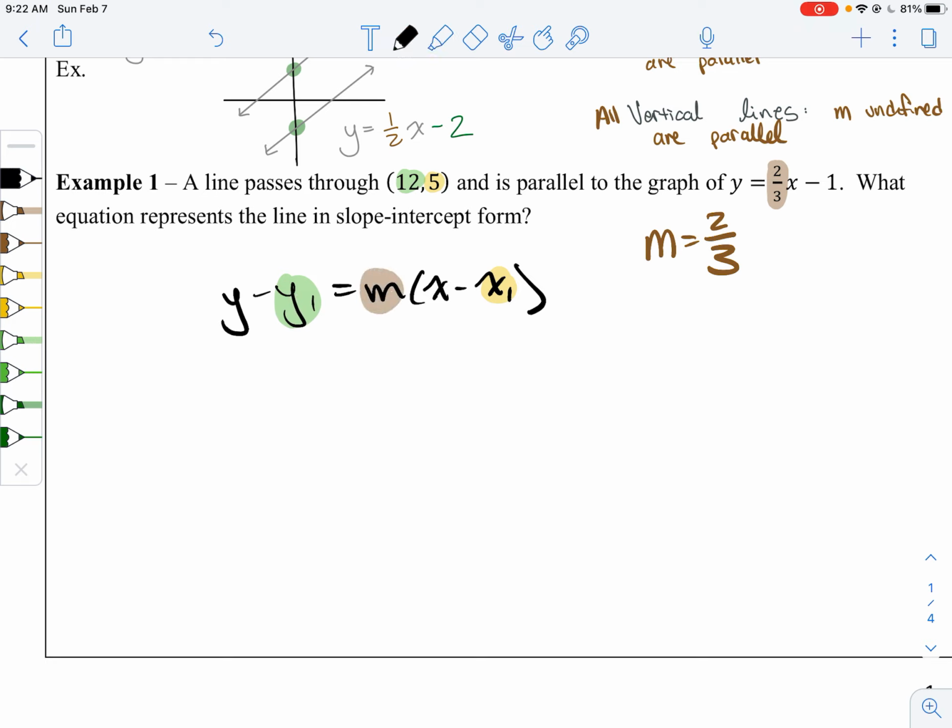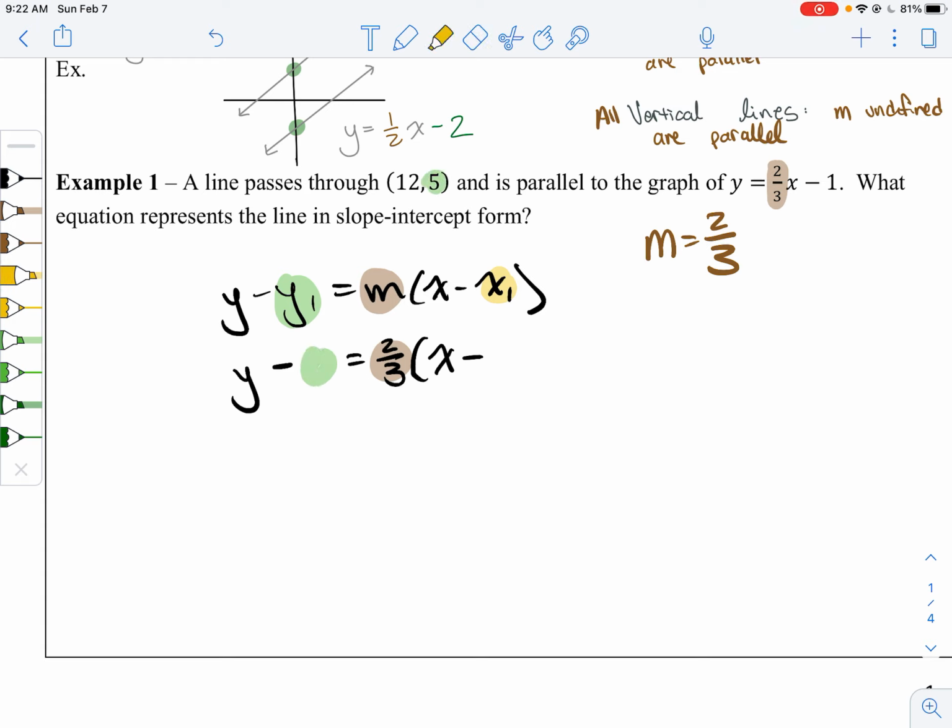Oh shoot, I totally highlighted these wrong. You guys, I played myself.